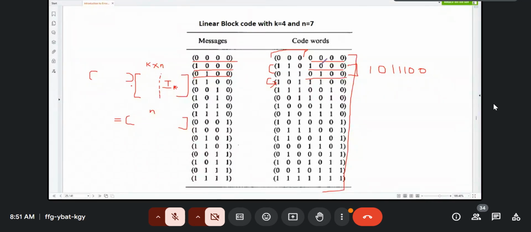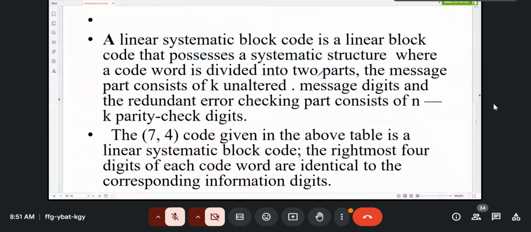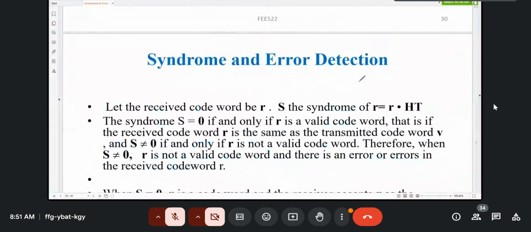So what the receiver does is simply take what it has received, that code word which we are calling R, the received vector. Sorry, this is H transpose, not H times T. So the syndrome of R is defined as R dot H transpose.